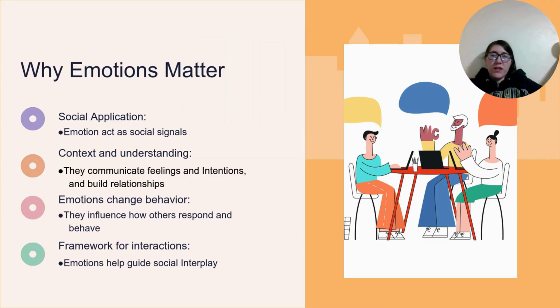So moving on to why emotions matter. So the social application is emotions act as social signals, as described on the last slide. It's how we can verbally and non-verbally communicate to people. So it just shows what's going on inside our heads. And then context and understanding, they communicate feelings and intentions as well as build relationships.